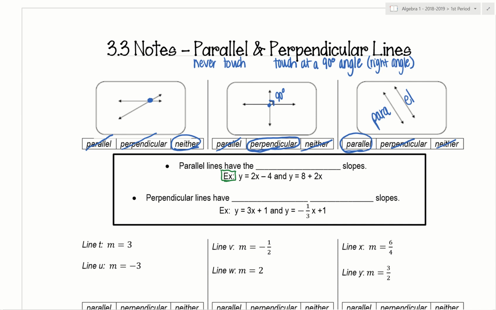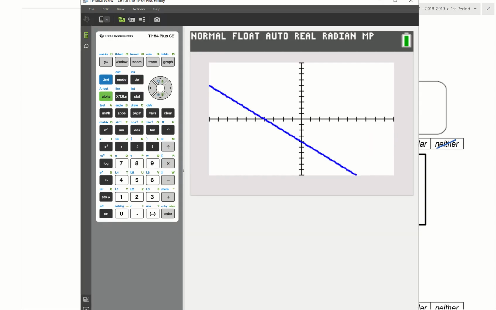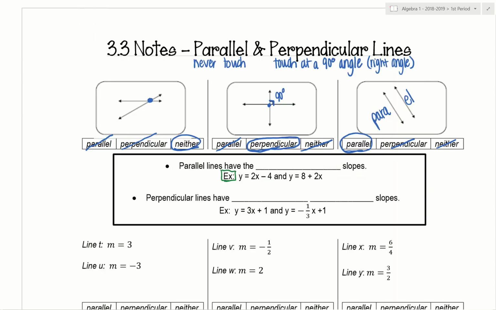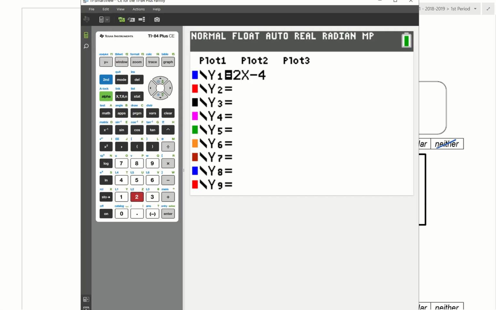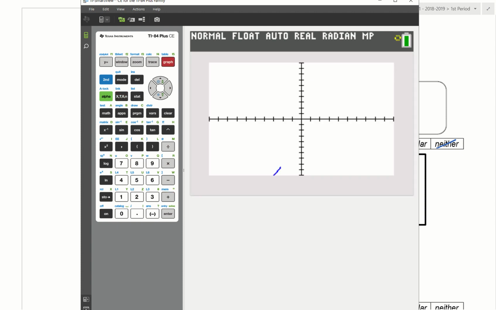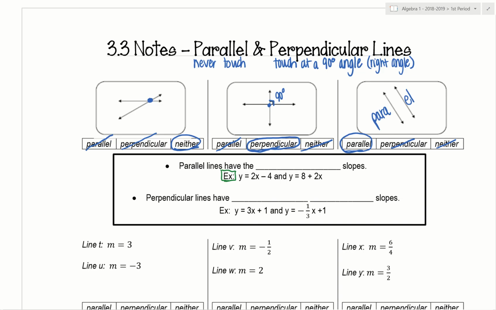Okay, so parallel lines are going to be examples like so, y equals. We're going to type in 2x minus 4 and 8 plus 2x. They've told us these are parallel lines, but we're going to go check. Looks like they are. They're running side by side, never touching. So what this means is these parallel lines are going to have the same slopes. Oh, wow.